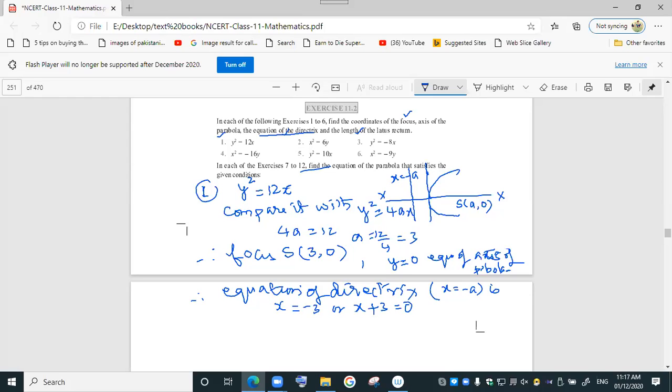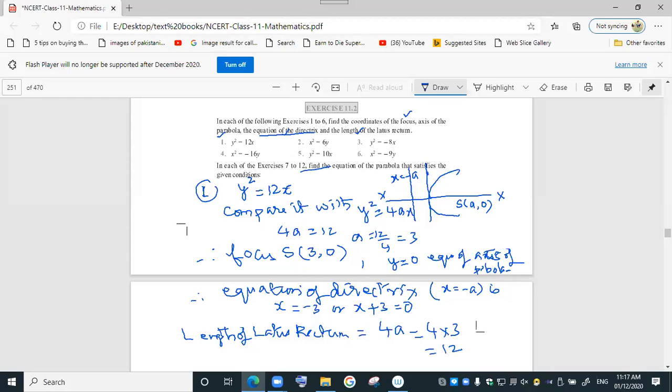Then length of latus rectum. I told you length of latus rectum is always 4a. So a is what? 3. 4 threes are 12.